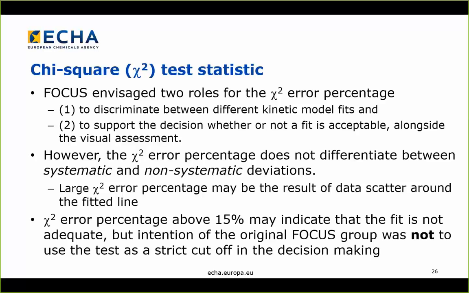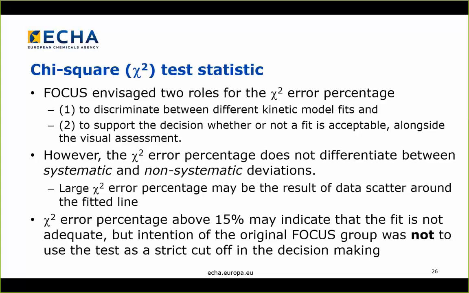But chi-squared doesn't do that. So sometimes you can get large chi-squared error percentages just as a result of data scatter around a fitted line. So sometimes your model can actually be quite a good fit to the data, but if it's very scattered data, you'll get a high chi-squared statistic. So that's where you need the visual assessment, which brings common sense into the decision-making process.